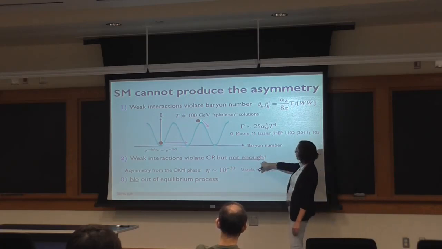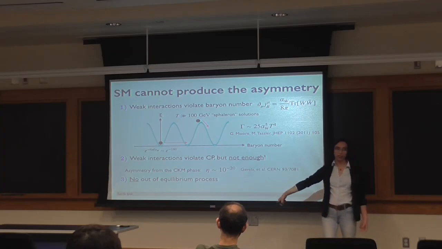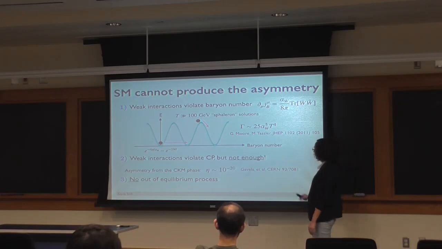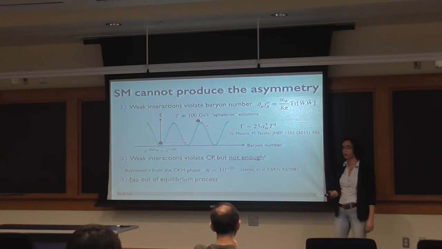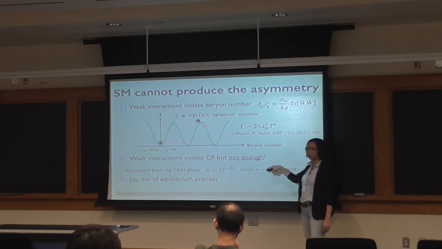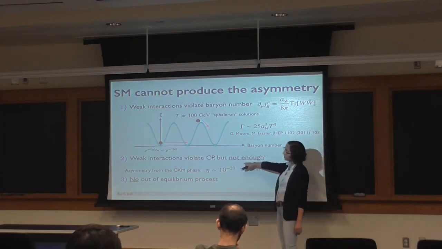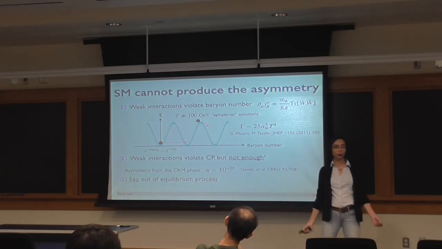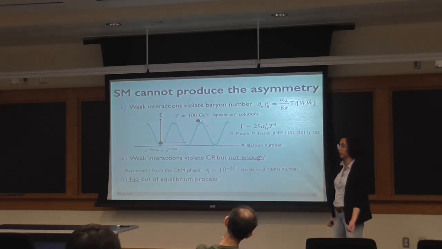And furthermore, the standard model also has CP violation, again in the weak interaction sector. We observe the CP violation, we can measure it. It comes through a phase in what is called the quark mixing matrix or CKM matrix. However, for technical reasons, which we can talk about later, the CP violation in the standard model is not enough to produce the observed baryon asymmetry.